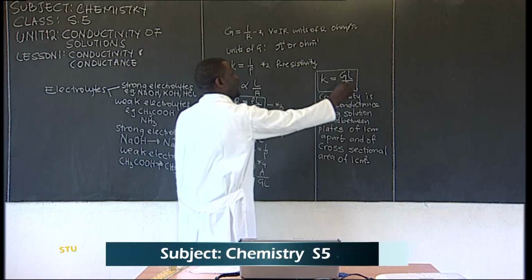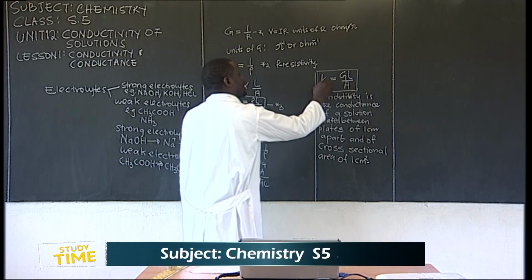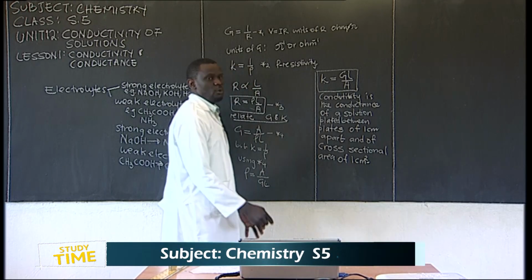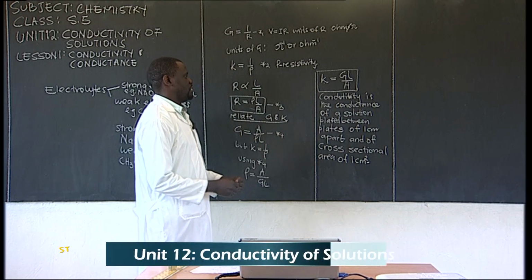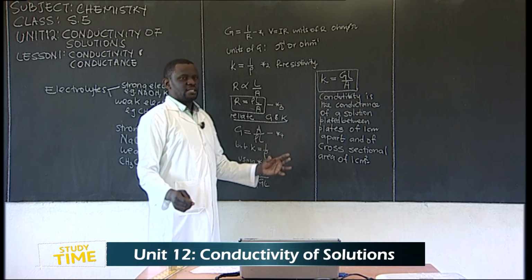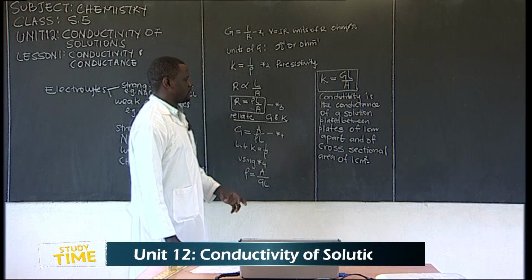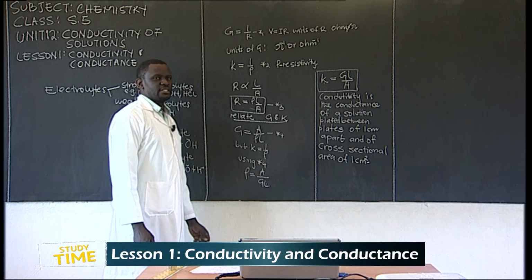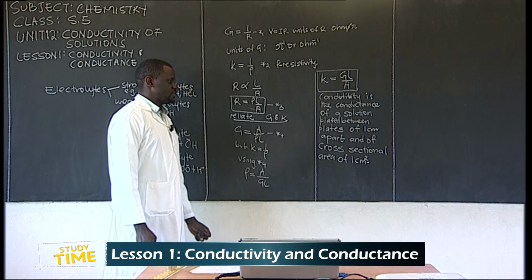So if this is 1 and this is 1, conductivity is the conductance of the solution, or of our electrolyte, placed between plates 1 centimeter apart and of cross-sectional area 1 centimeter squared.